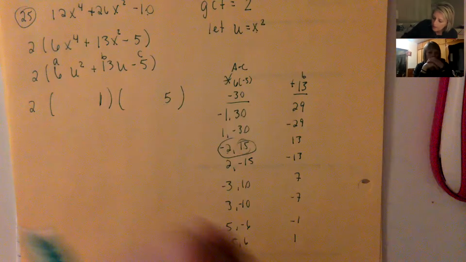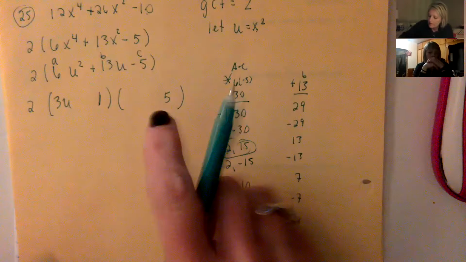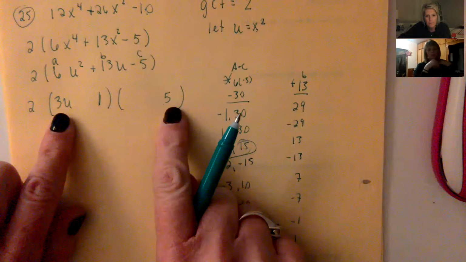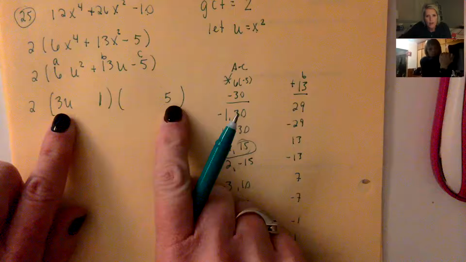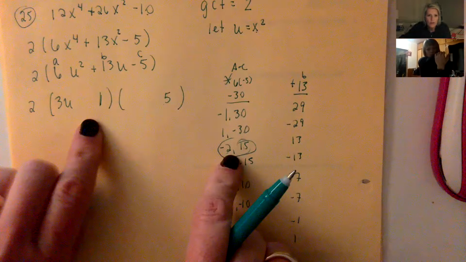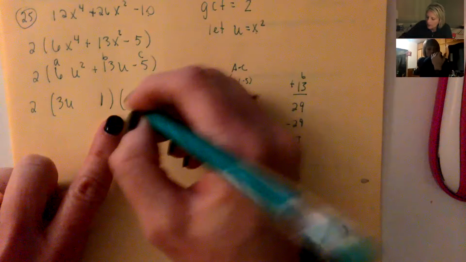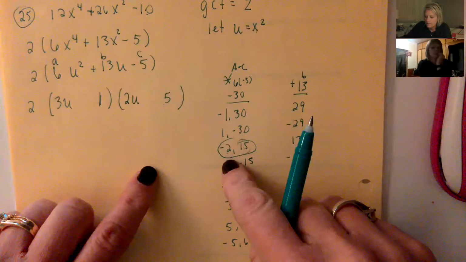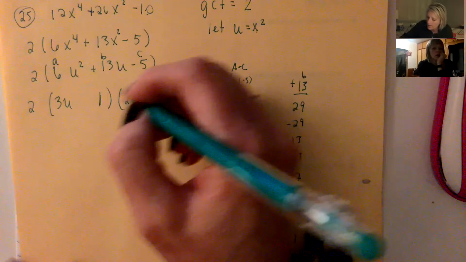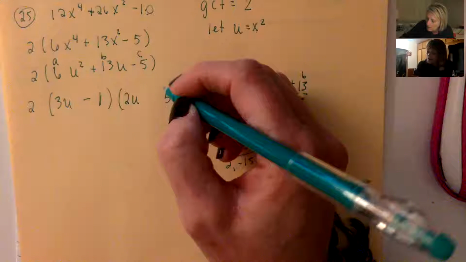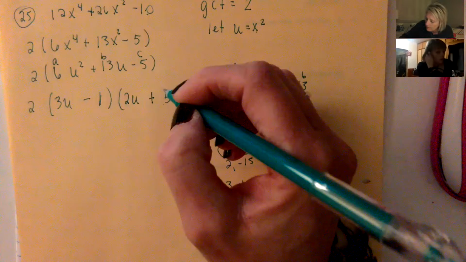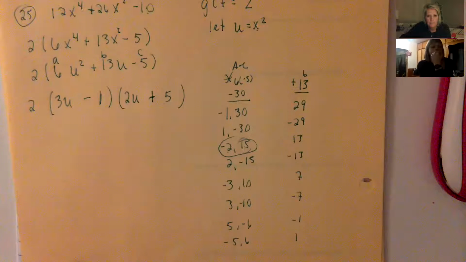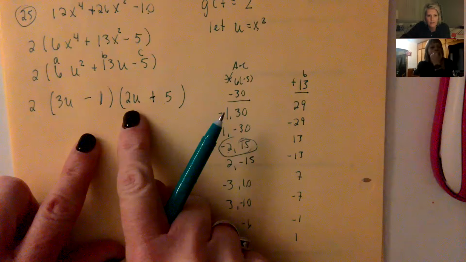So that's going to go out here. We have to think about our FOIL multiplication at all times when we're putting these together. And then my 2 is going to be right here on the 2u. So it's going to be a negative 1 and a positive 5. It's going to be 15 minus the 2.